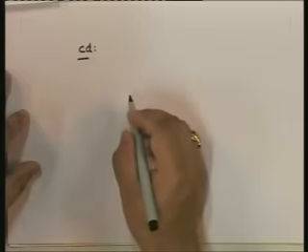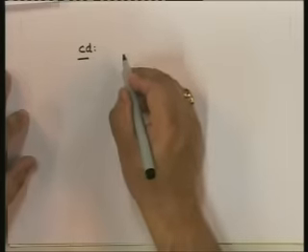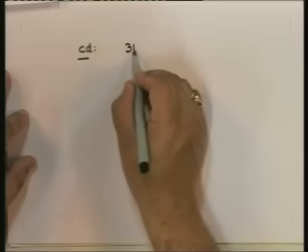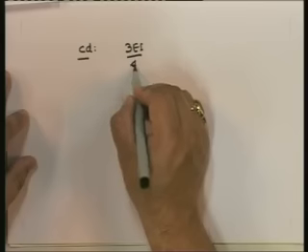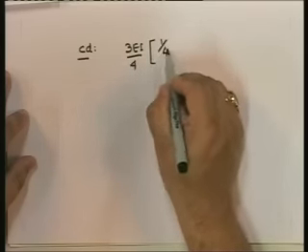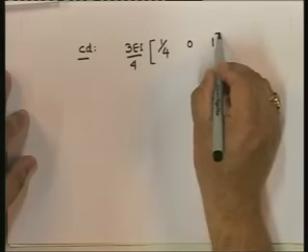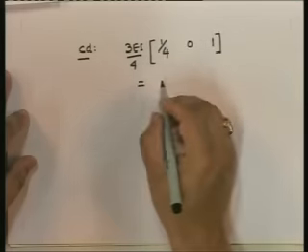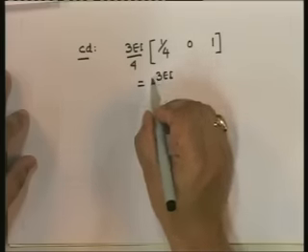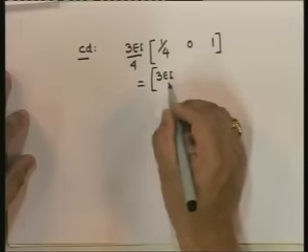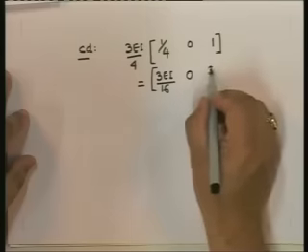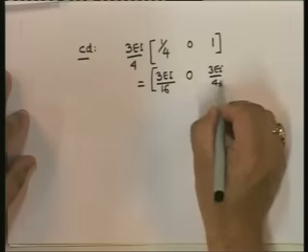Let us write it down for CD. For CD, KI is equal to 3EI by 4, and A for CD is 1 by 4, 0, 1. So this basically becomes 3EI by 16, 0, and 3EI upon 4.